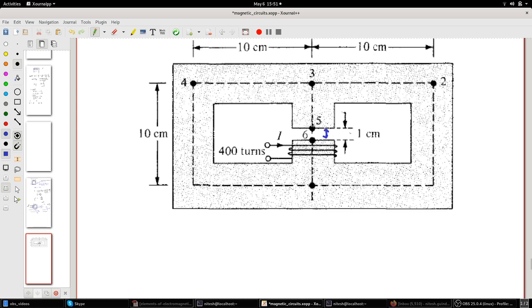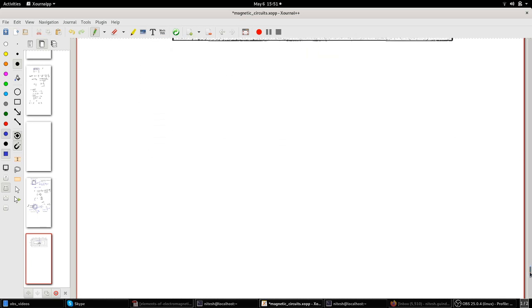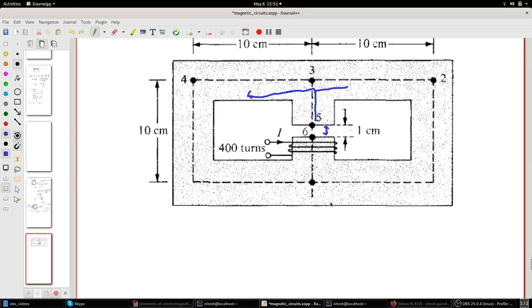The current is flowing in this direction, so the magnetic field will go in this direction and in this direction, confined to this particular core, right? So I can replace this device with a circuit like this, where I replace this coil with a supply with a certain MMF.